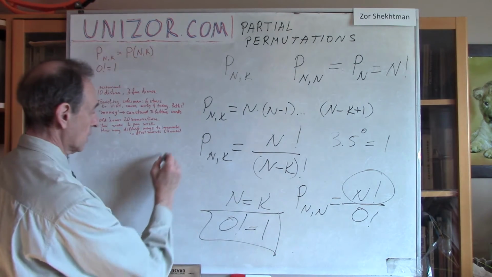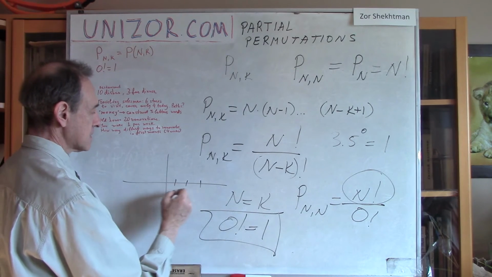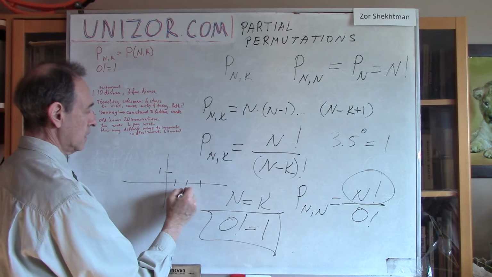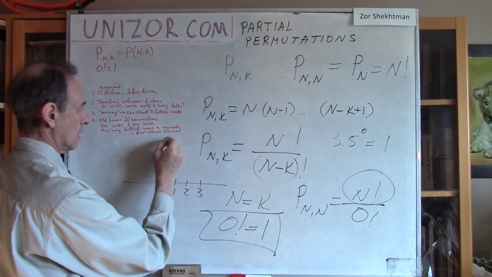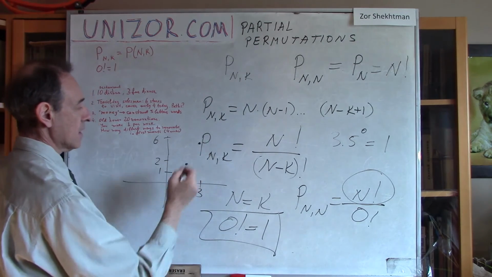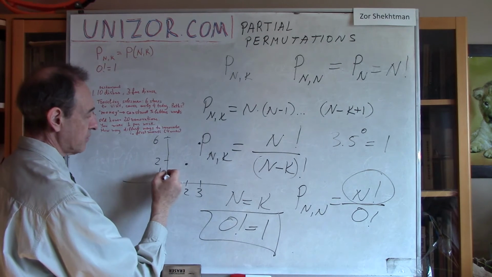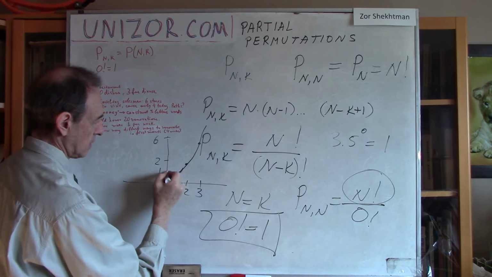So if you have the graph of n factorial, right now I can say that 1 factorial is 1, 2 factorial is 2, 3 factorial is 6. So these are points. And this function, the gamma function, defines it this way. Actually, it's this way.